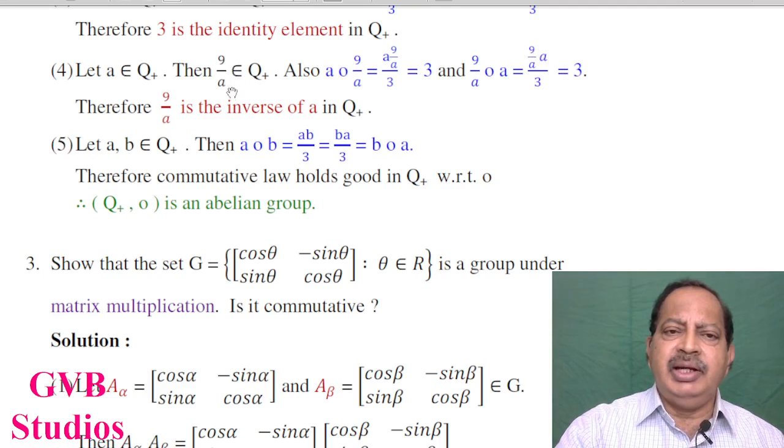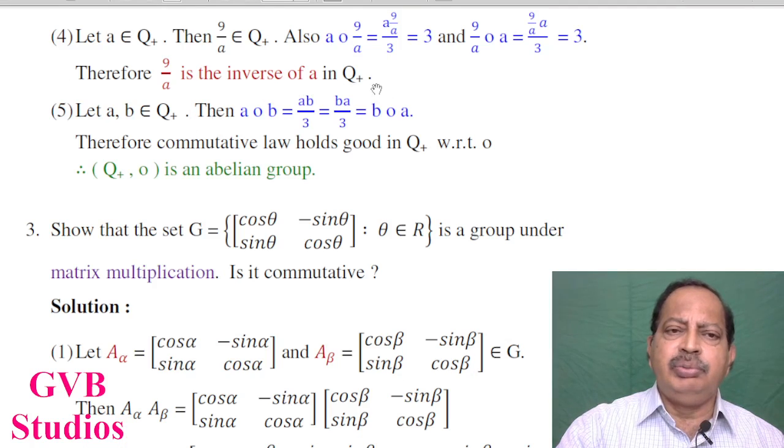Thus, when 9 by A is operated with A from right side and from left side, we get 3, the identity element. So, I can say 9 by A is the inverse of A in Q plus. Here I am taking let A belong to Q plus. That means A is any element in the set Q plus. And 9 by A is the inverse of A. Therefore, for every element in Q plus, the inverse element exists.